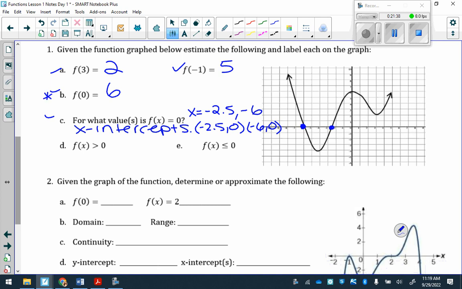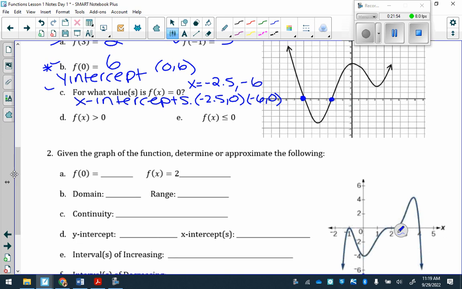What would B represent? (0, 6). Julia? The y-intercept. Excellent. Which is typically written (0, 6).